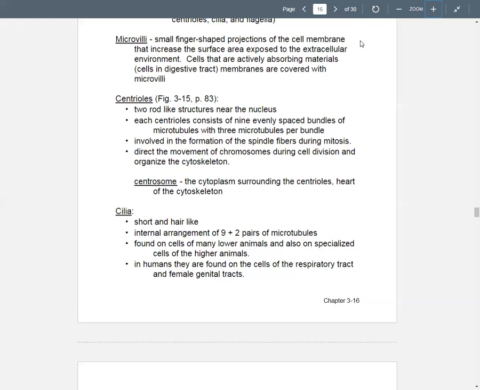Well, they help form the mitotic spindle that helps pull your chromosomes apart during cell division. Also, they help in organizing your cytoskeleton. Another term, the centrosome, is basically the cytoplasm surrounding those centrioles. So you put the centrioles together and you get a centrosome.